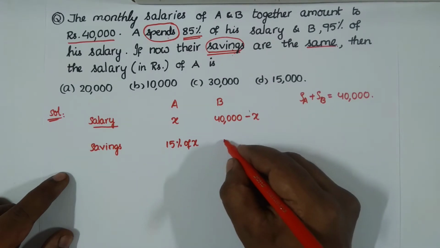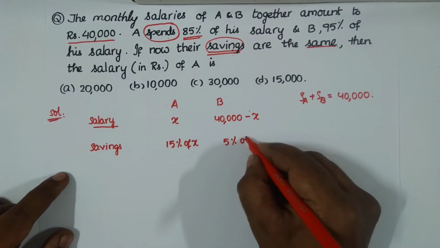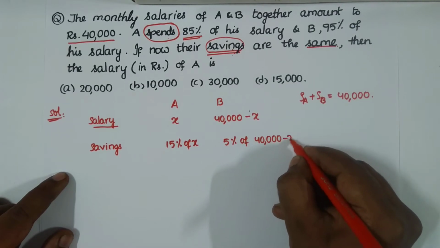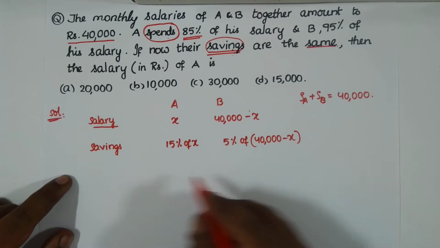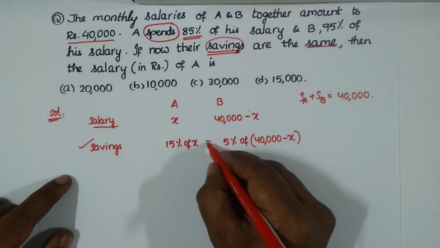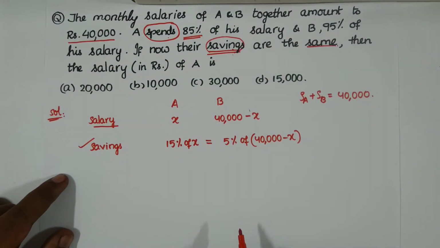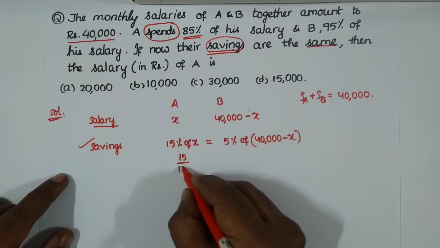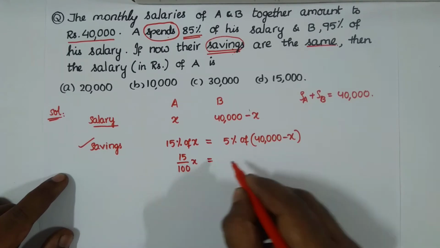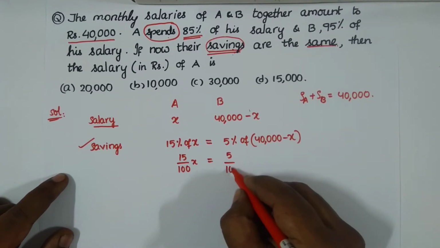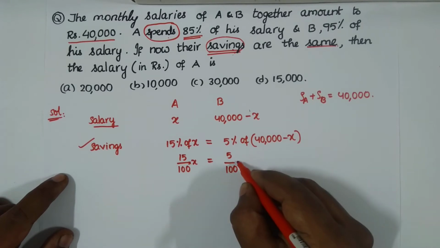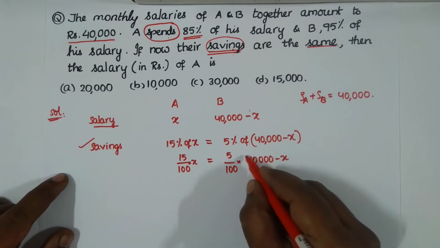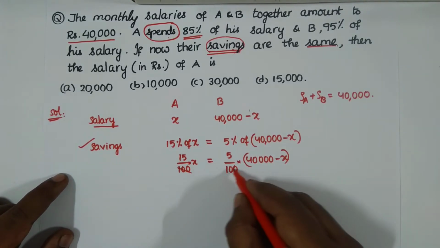So B saves 5% of 40,000 minus X. Now their savings are the same, so they are equal. 15 over 100 multiplied by X equals 5 over 100 multiplied by 40,000 minus X.